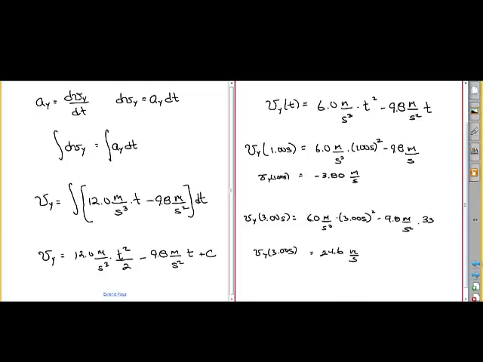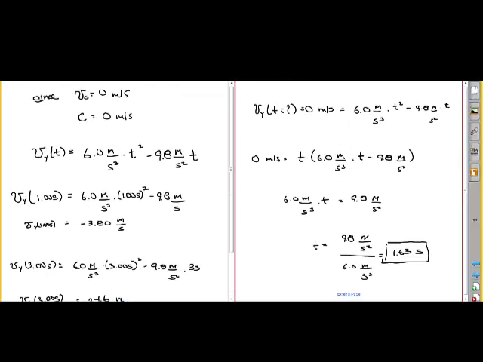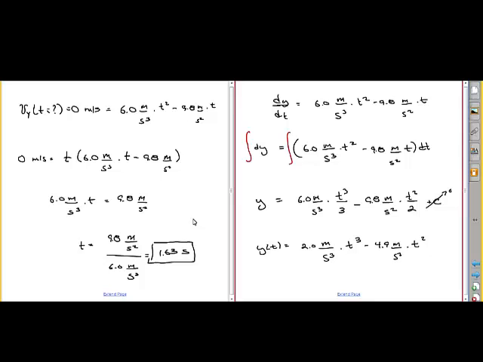Negative 3.8 meters per second. Cha-ching. The second one was 24.6 meters per second. Cha-ching. Time for it to go to the lowest point, 4.36 seconds.